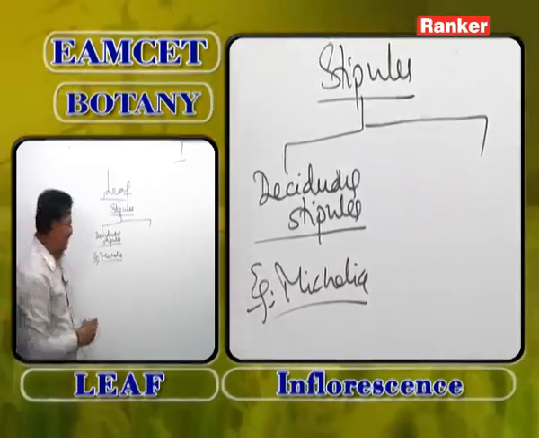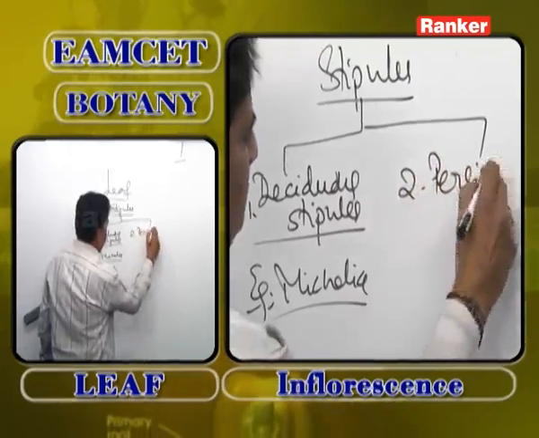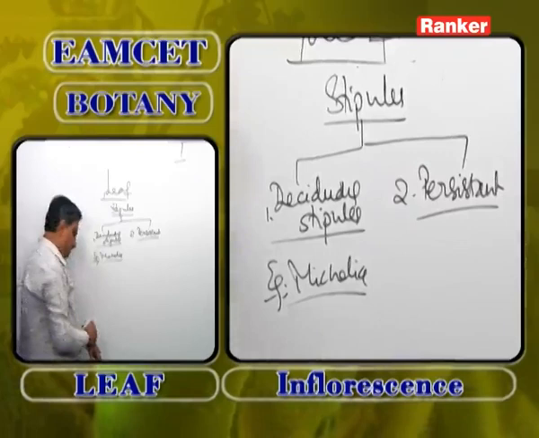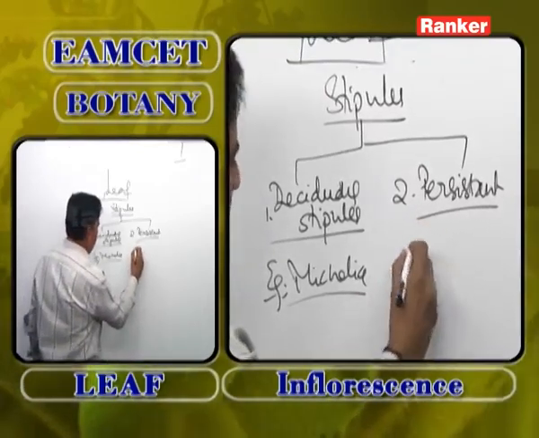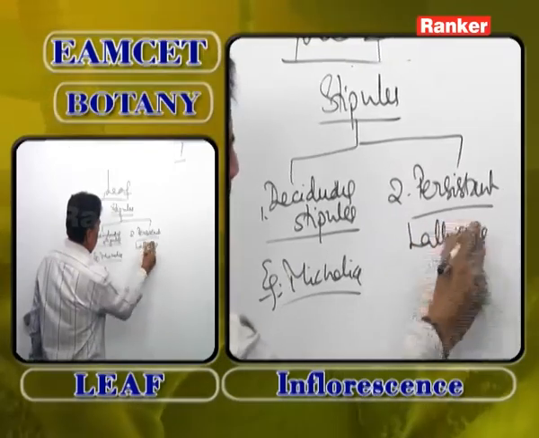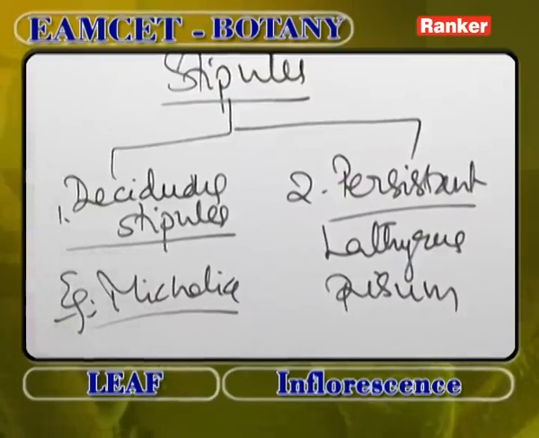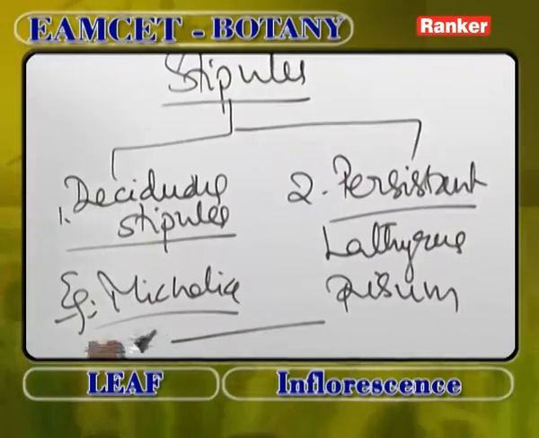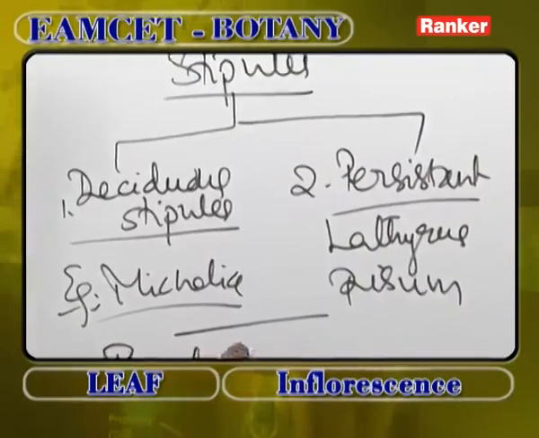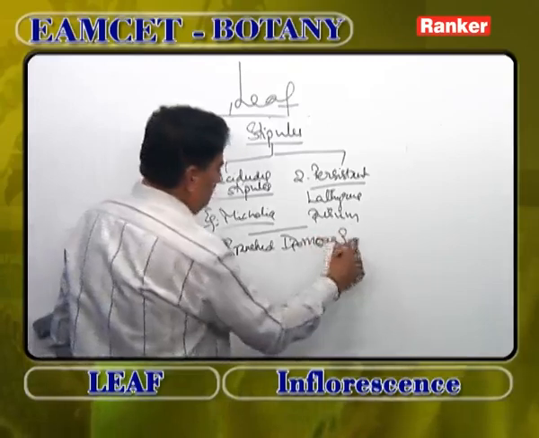Persistent stipules means stipules remain even after the expansion of the leaf lamina. Persistent stipules are found in Lathyrus and Pisum, where the stipules perform photosynthesis. Normally stipules are very simple, but stipules are very much branched in Ipomoea quamoclit.